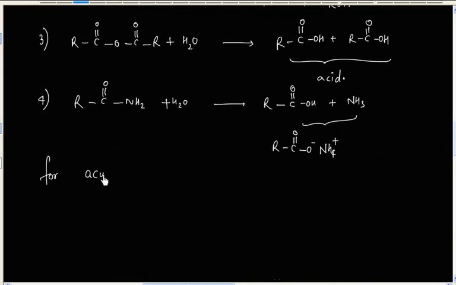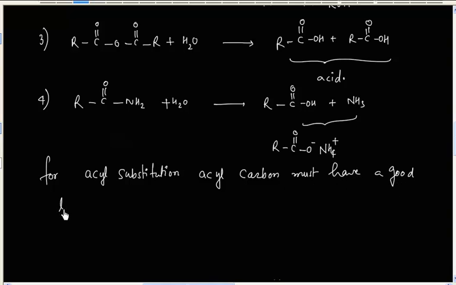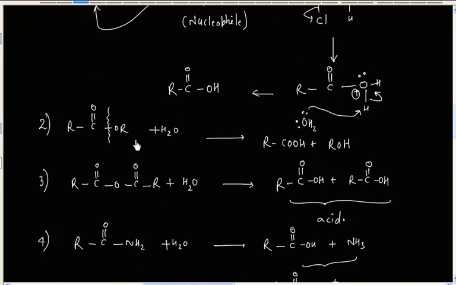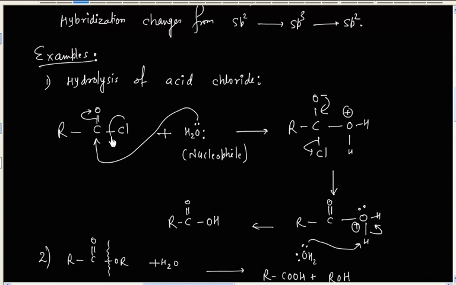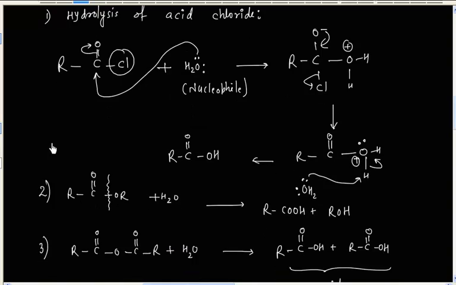So you see, in all cases we have a leaving group. So for acyl substitution, the acyl carbon must have a good leaving group. In this case, chlorine is a good leaving group.